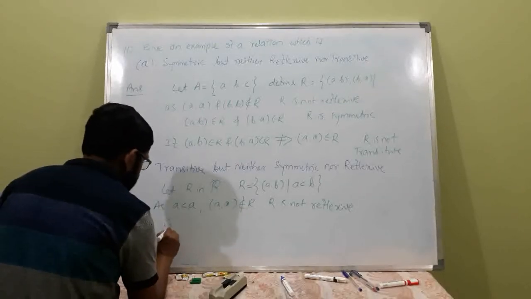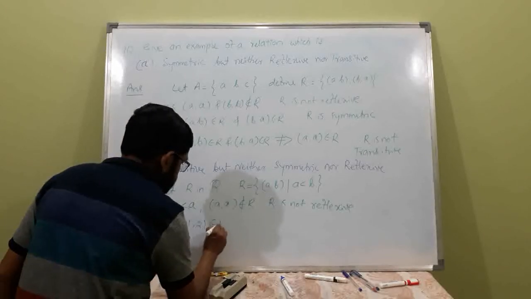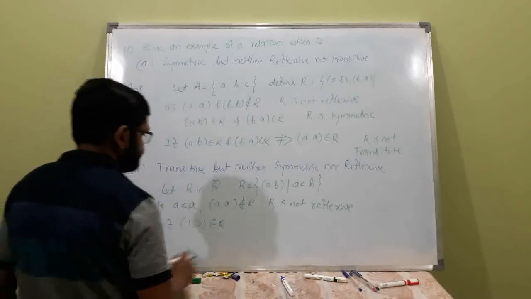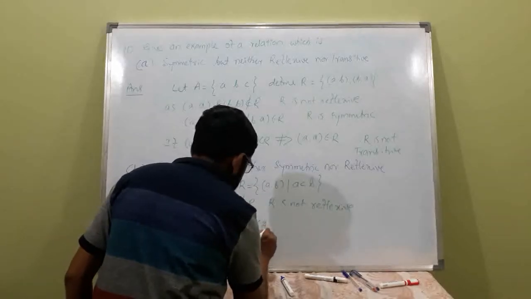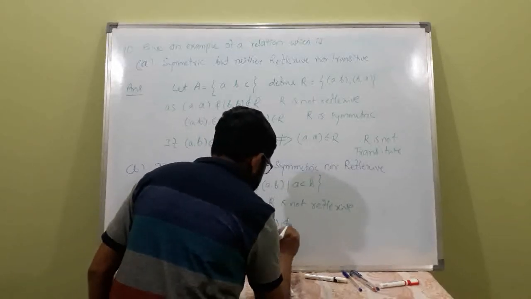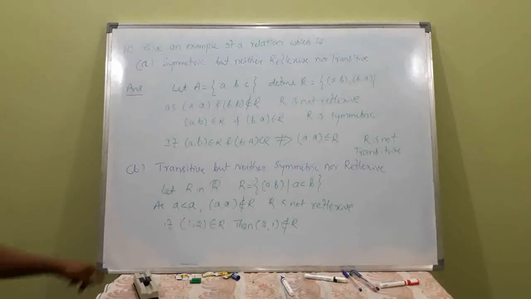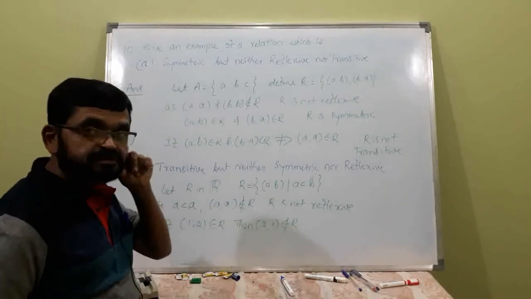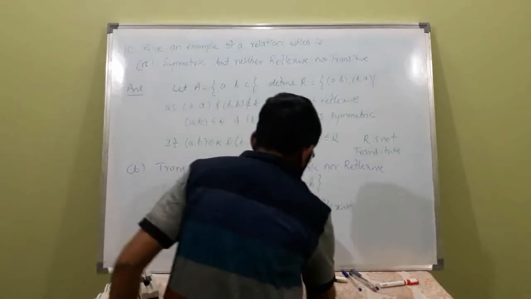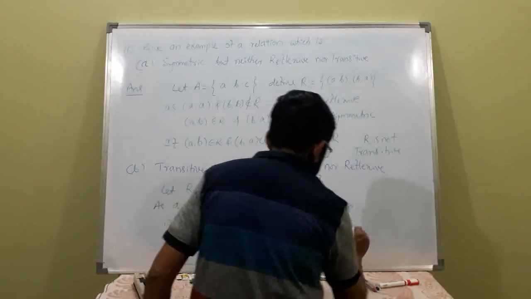If (1, 2) belongs to R, then (2, 1) cannot belong to R, because 1 is less than 2, but 2 is not less than 1. So, R is not symmetric.